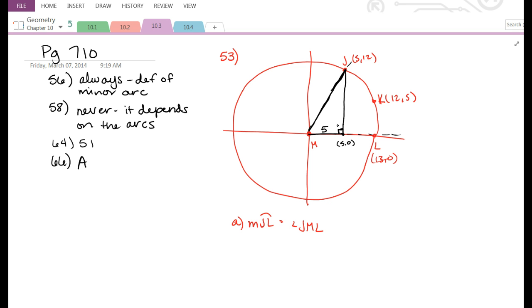This distance, the height of this triangle, is where my y is, in this case 12. And I want to figure out, well, what is that angle?